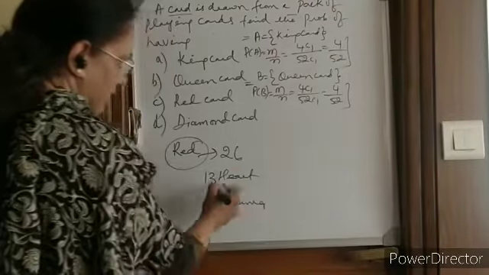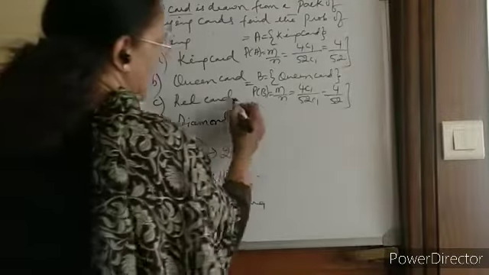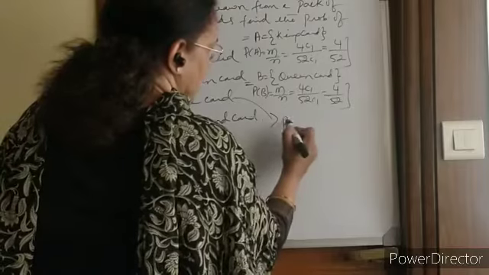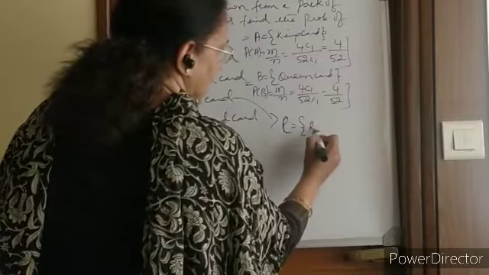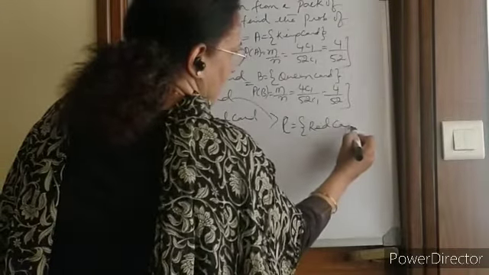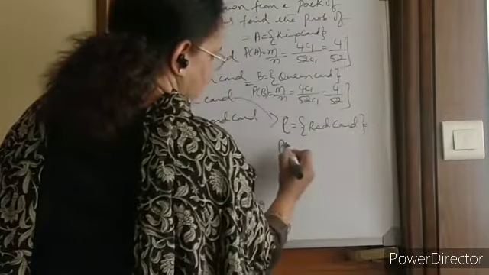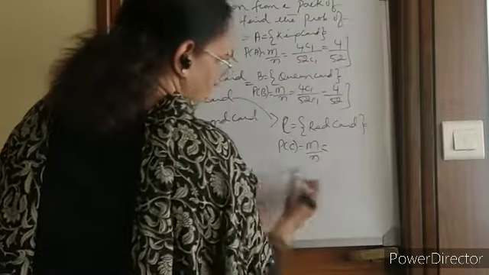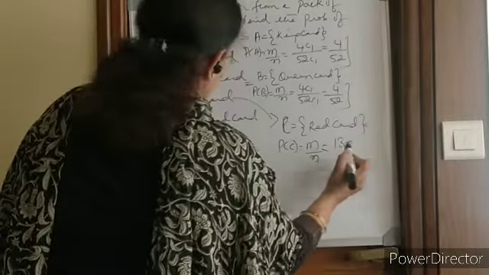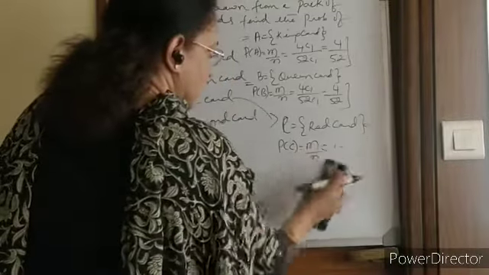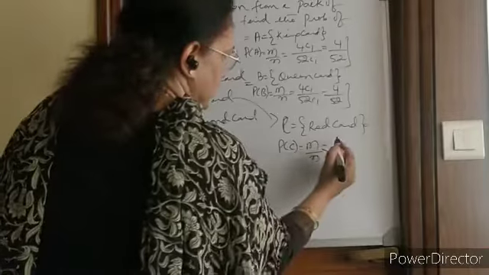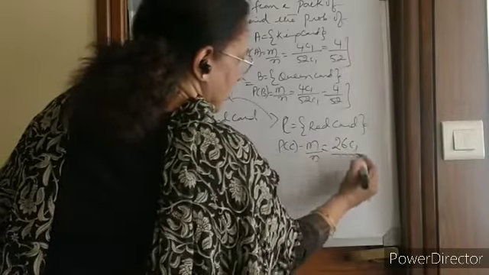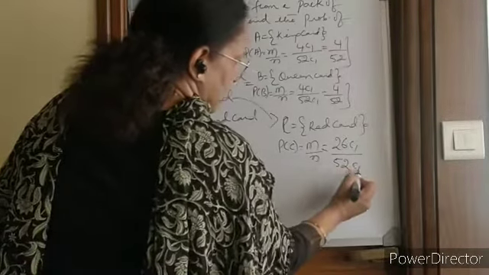Put together this is 26. So C is the event of getting a red card. Probability of C, M by N, will become 26C1 divided by 52C1.